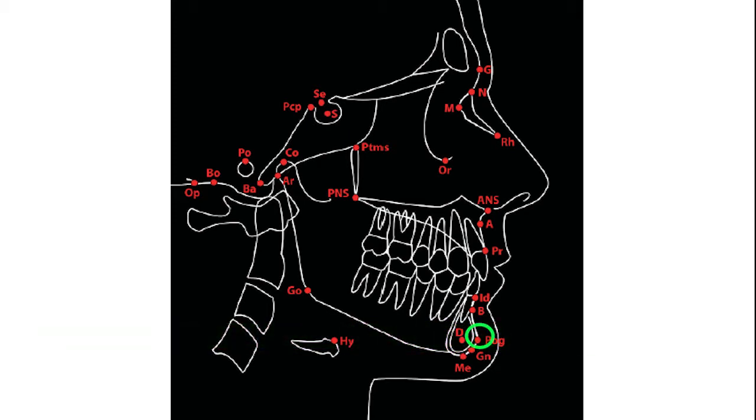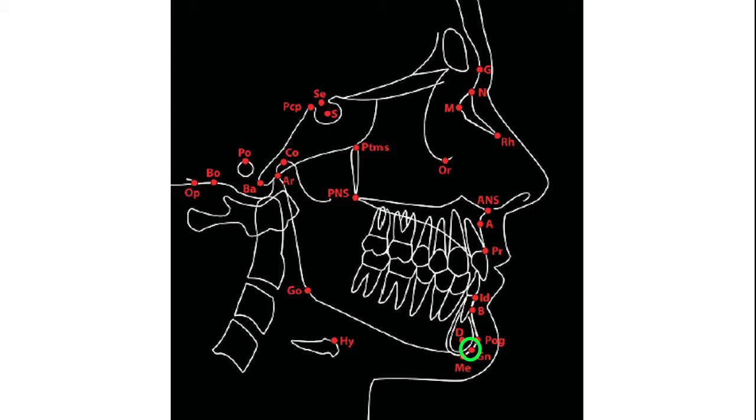Pogonion. It can be abbreviated as POG. The most anterior point on the contour of the mandibular symphysis in the mid-sagittal plane. Gnathion. GN is the abbreviation. Its definition is the most anterior inferior point on the mandibular symphysis in the mid-sagittal plane.